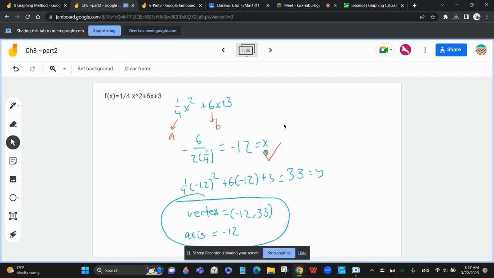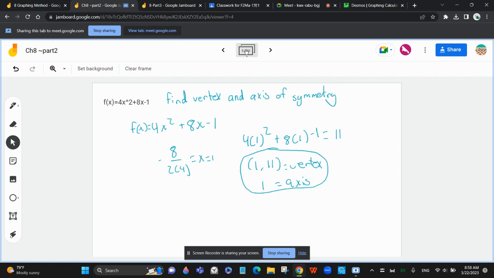And we plug it back, negative 12 squared, you get 39 minus 72, you get negative 33. Yeah, it's negative 33. And the axis is negative 12.